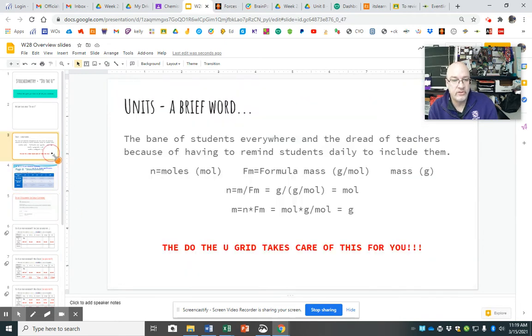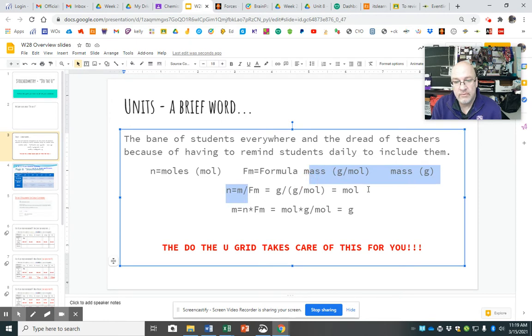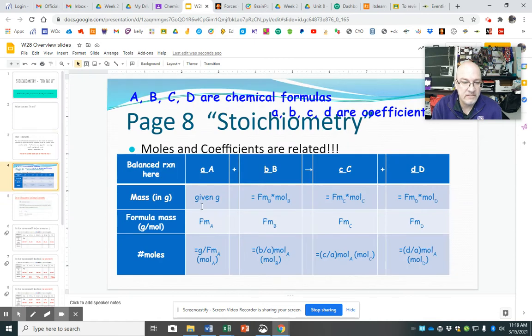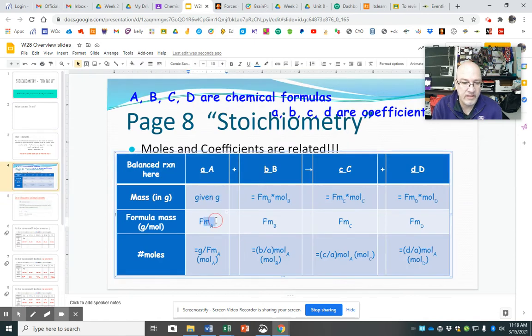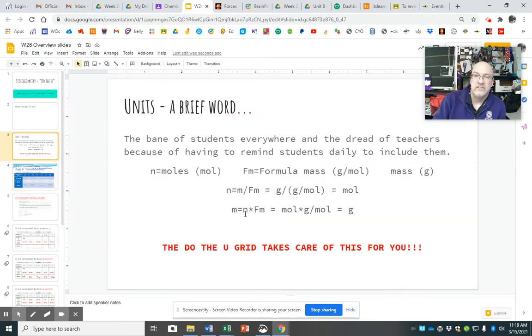But the way the do the U grid is set up, you are able to get the moles just by following the divide down, multiply up. When you divide down, you take mass divided by formula mass, and you get the moles. So just the way the grid is set up, your units will work out.